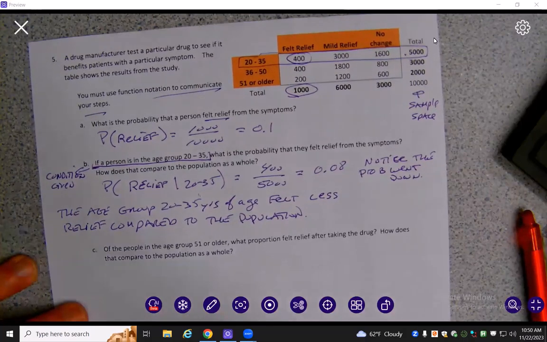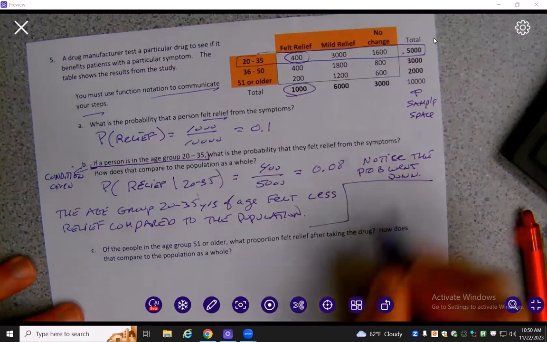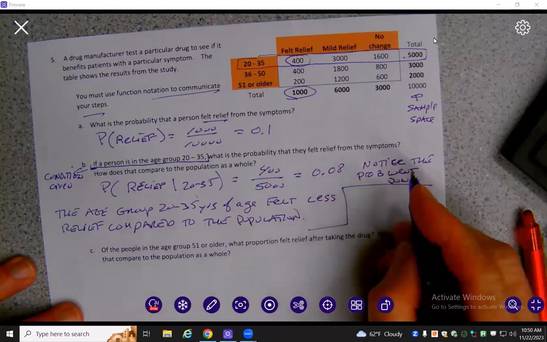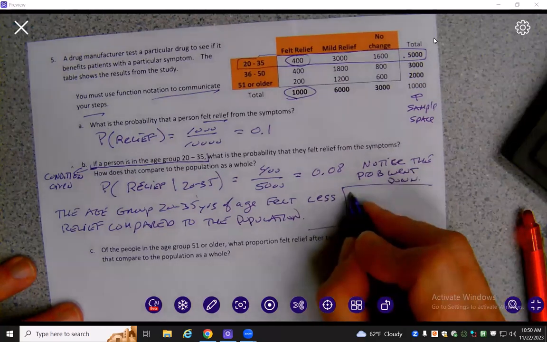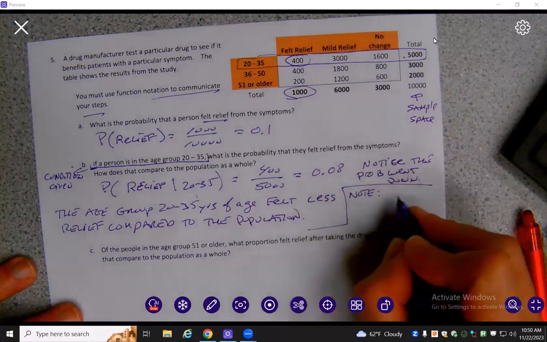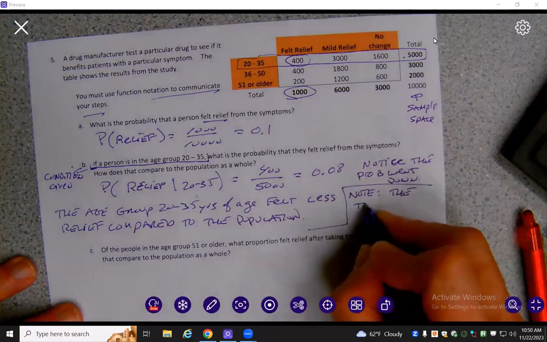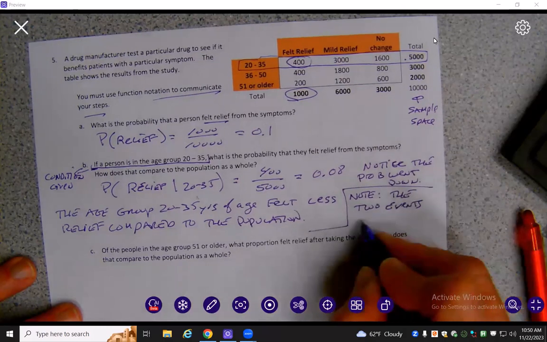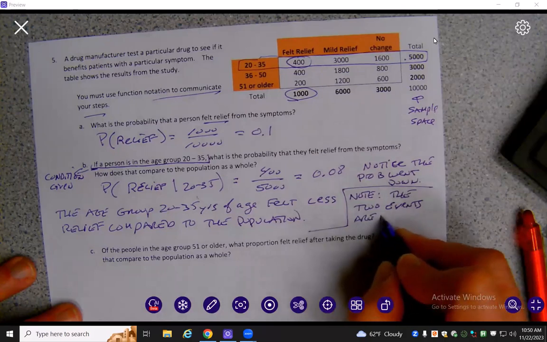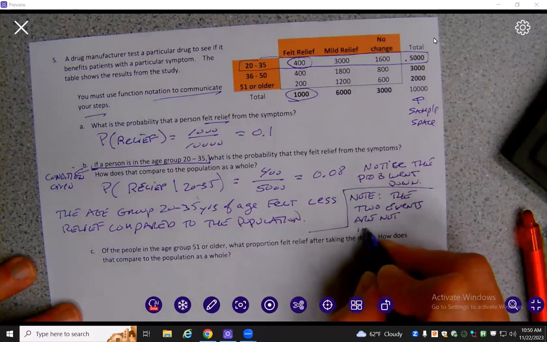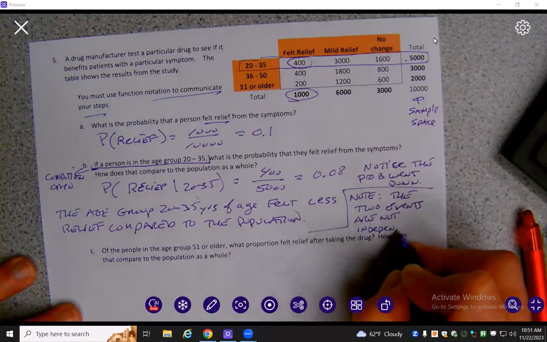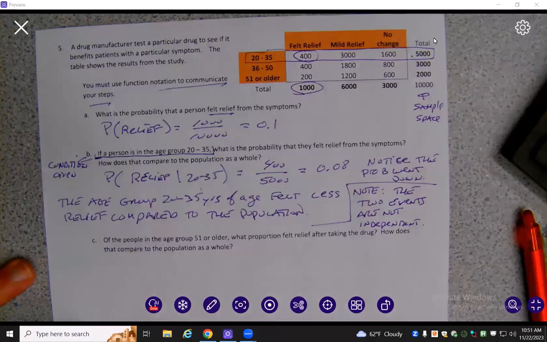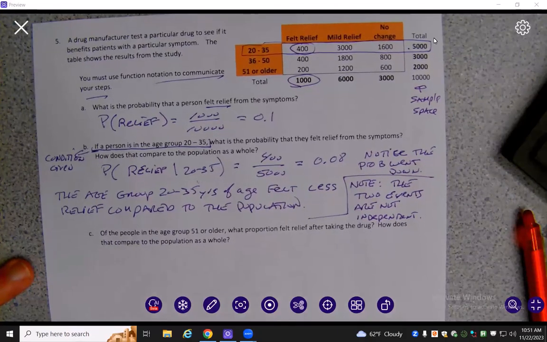So notice, are the two events independent then? So that's all that means. They're definitely not independent. Why?